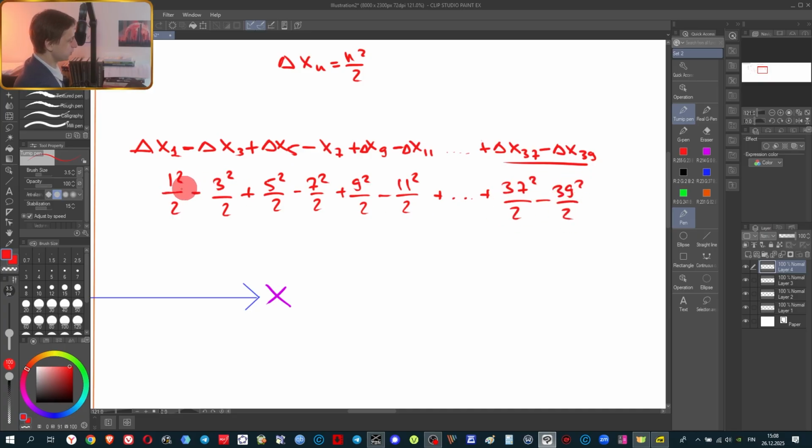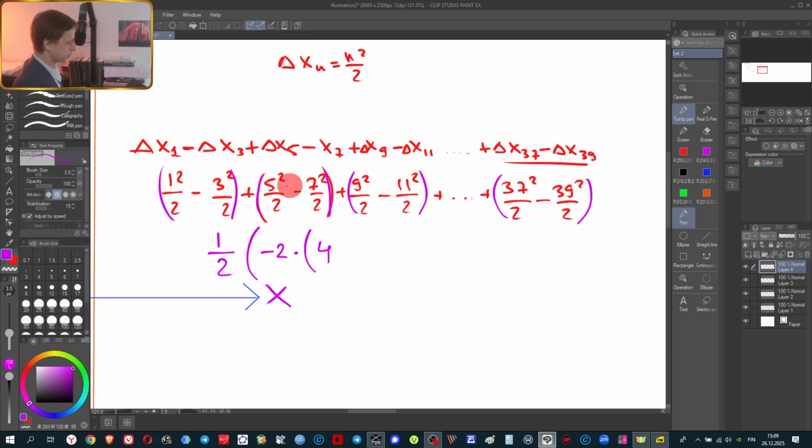If you use the difference of squares here, you will see that in each case, for each separate sum, the difference between these numbers will be equal to minus 2. So minus 2 is the common factor here everywhere. 1 over 2 I will just factor out right away, 1 over 2 is common here. This difference will be minus 2 times the sum of numbers here.